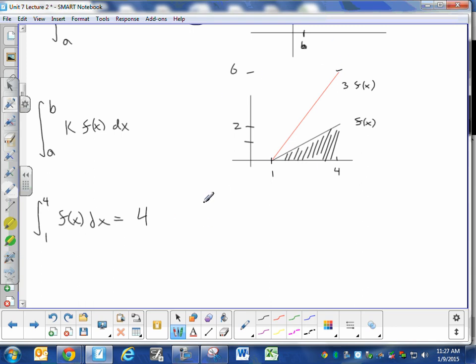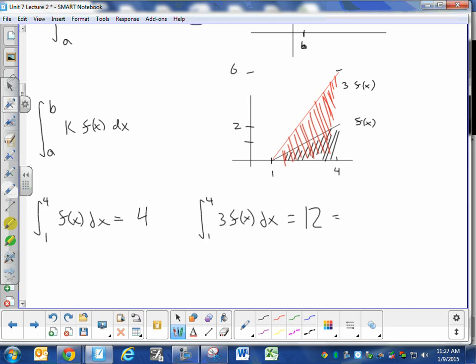So what is the area from 1 to 4 under 3 f of x dx? Let's see, we have a triangle. What is this area right here? We have a triangle of width of 4 and a height of 6. What does that equal? 12.